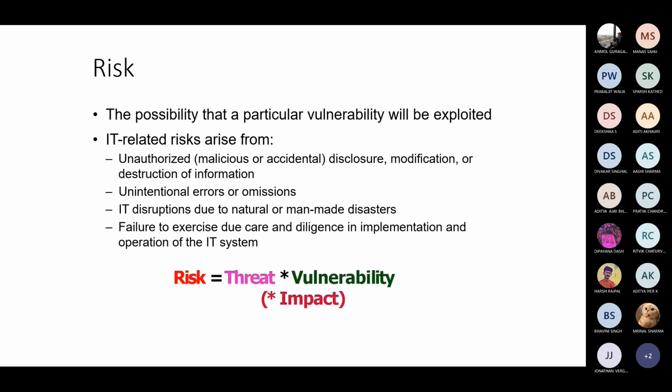There is no surety or guarantee for risk occurrence. We can calculate the risk of the network with the formula threat into vulnerability into impact. So this is the formula for calculating the risk.